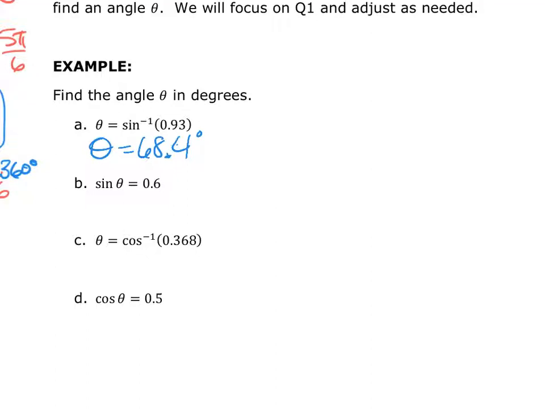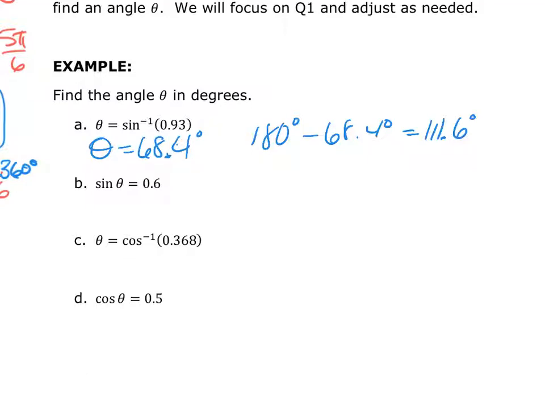If I'm not sure how to find reference angles, I take 180 degrees minus 68.4, that's my reference angle. I want to know what angle also could produce that number. So 111.6. Put 111.6 degrees in your calculator. See if you get the 0.93. Just the sine of 111.6.